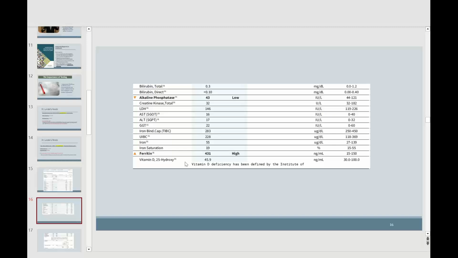If the total is high, but the direct is low or normal, then it's most likely hepatic in origin, meaning that the patient probably has some kind of liver inflammation significant enough, or hepatobiliary scarring, or Gilbert's disease, which is a very, very tight, very narrow biliary tree, and so bile tends to back up into the blood.